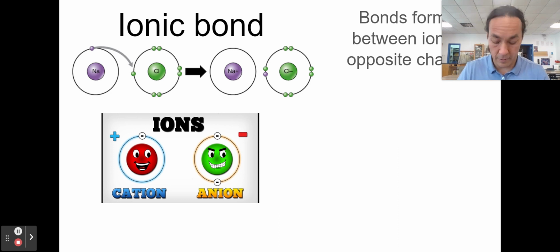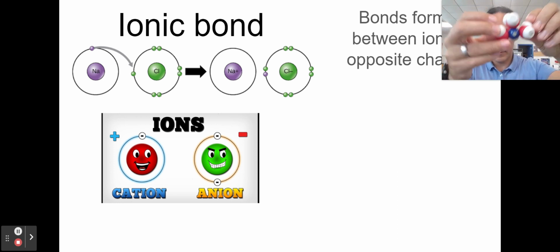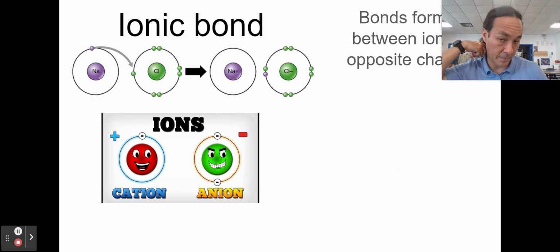And because sodium is going to be positively charged, it's going to be surrounded by all the negative oxygens in water, like this. And it helps to pull apart this bond.